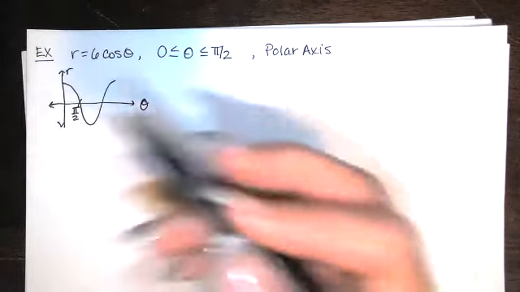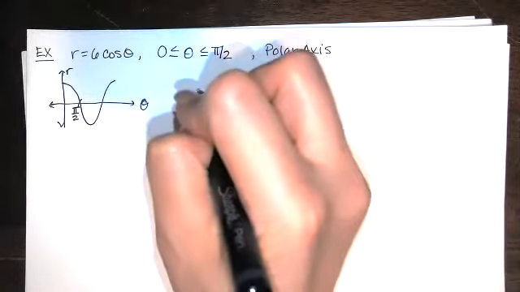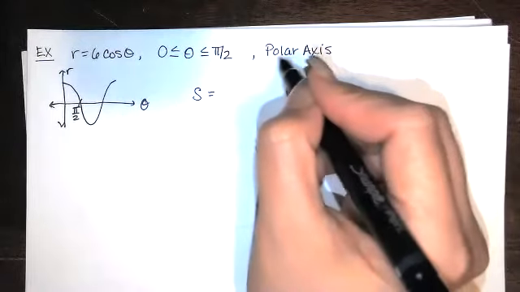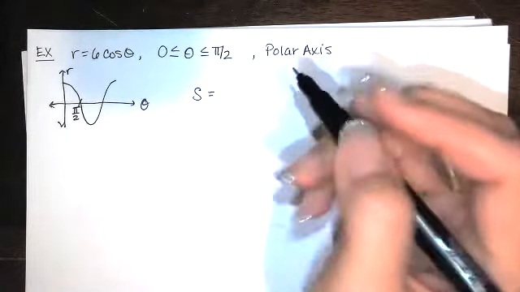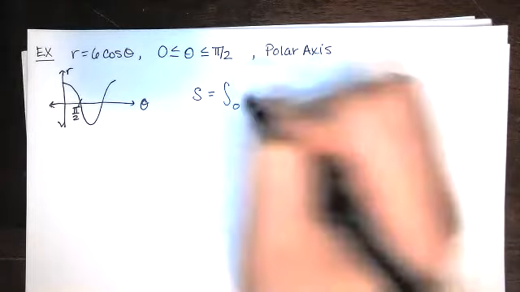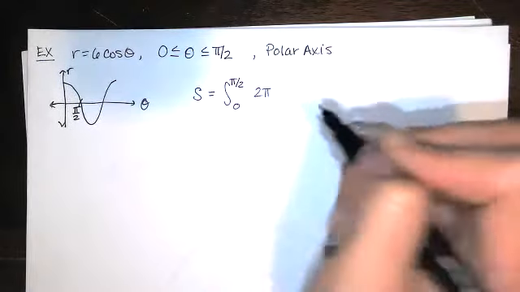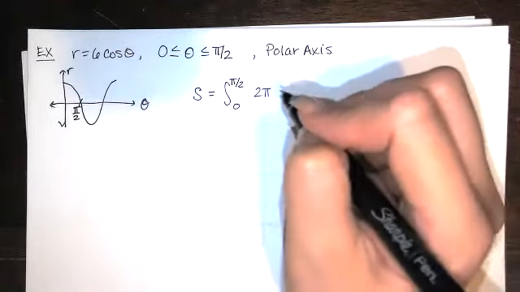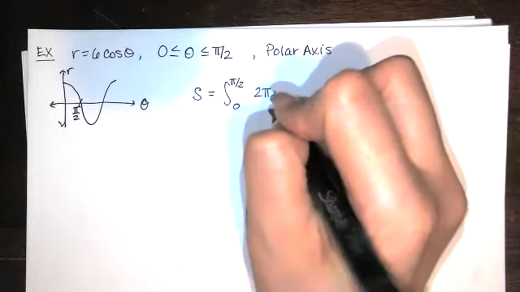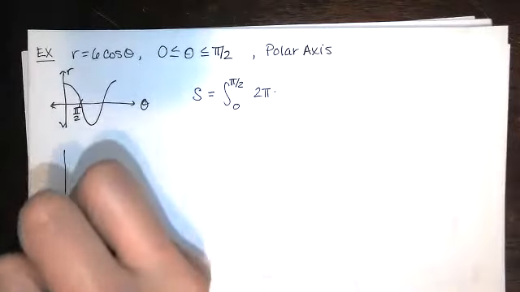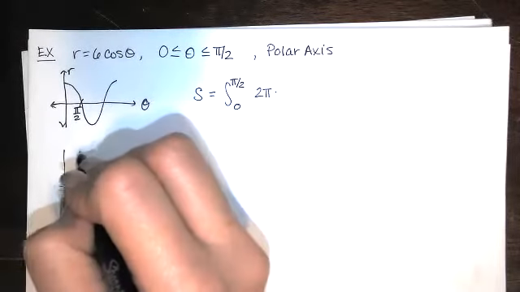So that means everything is satisfied for us to use this equation. We're revolving a curve around the polar axis. So theta is going from 0 to pi over 2, times 2 pi. The radius of that curve is given by the y values, because we're revolving. We've got some curve up here.